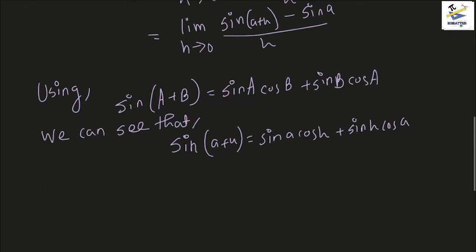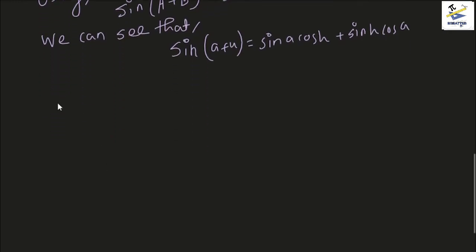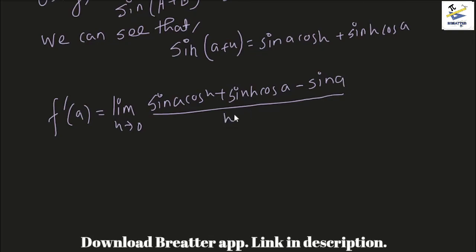So f dash a is equals to limit h tends to 0 of sin a cos h plus sin h cos a minus sin A divided by h, right?